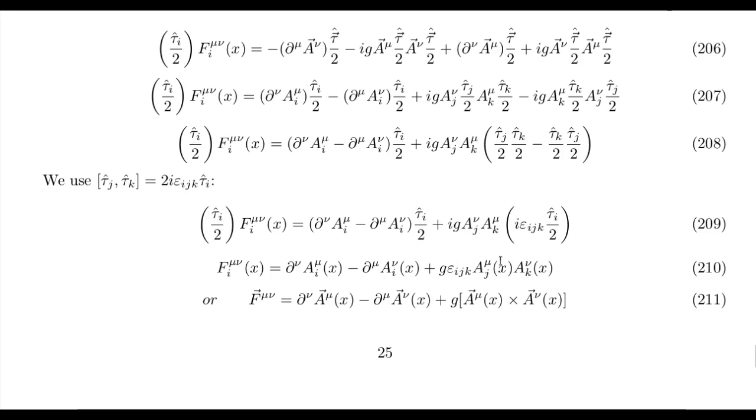This is an additional term that we hadn't got in the electromagnetic case. Or we can write instead of 210, 211 with the vector symbols here. So we don't use an index I for the vector in the isospin. We use vector arrow for the vector in the isospin space.